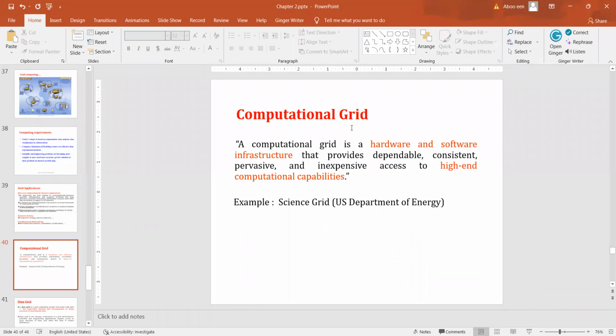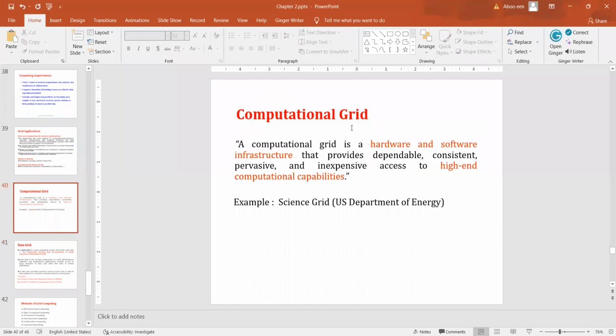And here you see in grid computing, there are the terms computational grid and data grid. Basically, the computational grid is a hardware and software infrastructure that provides dependable, consistent, pervasive, and inexpensive access to high-end computational capabilities.